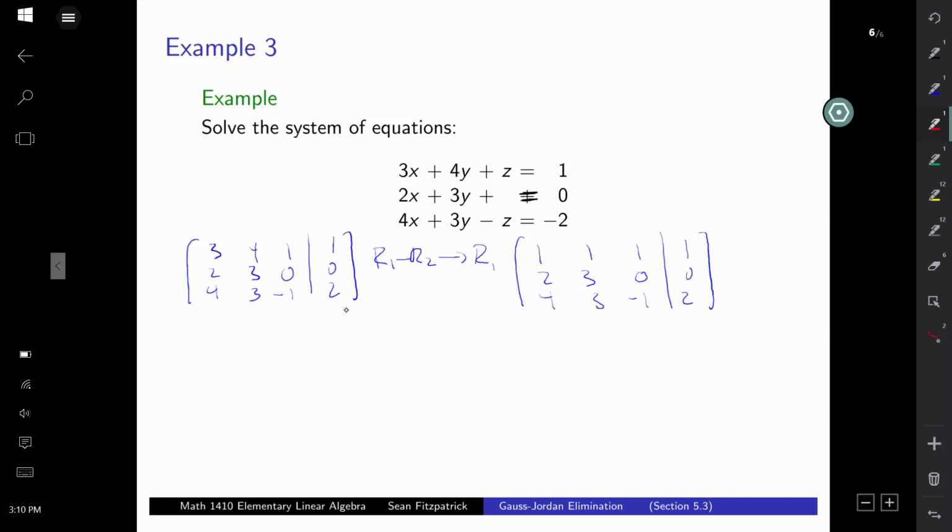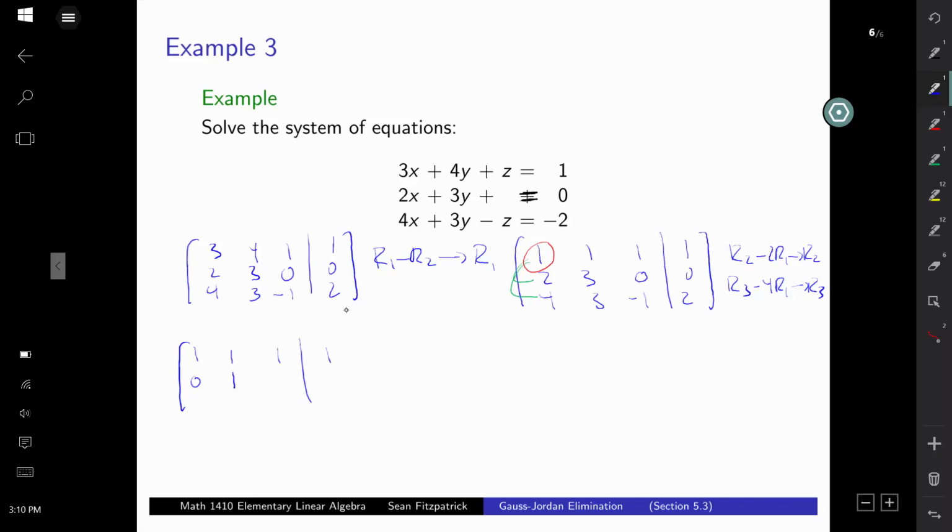Alright, now I've got my leading 1, and I can use it to make some zeros. So I'm going to do row 2 minus 2 row 1, that's going to be my new row 2. Row 3 minus 4 row 1, that's going to be my new row 3. 1, 1, 1, 1. 0, 1.